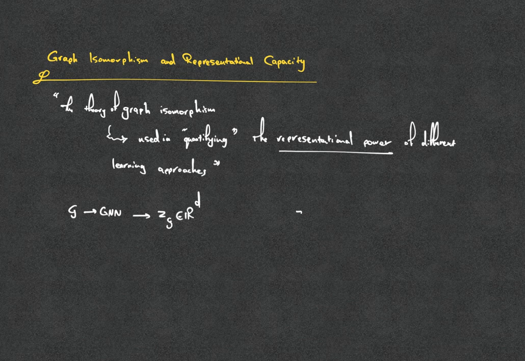Now, in a perfect setting, the representation for two graphs is going to be the same if and only if G1 is isomorphic to G2, which of course doesn't exist because, again, P is not NP. And if it exists, we probably have to have this.